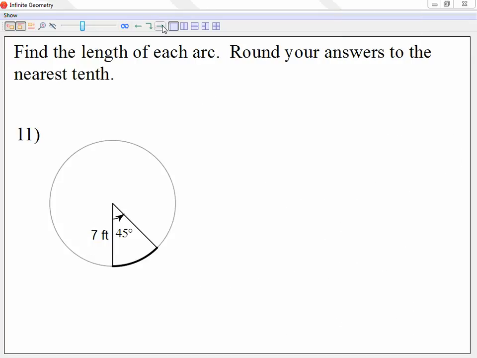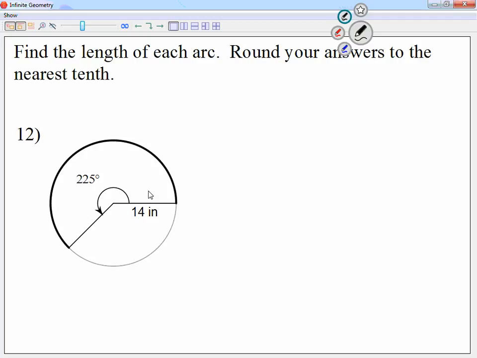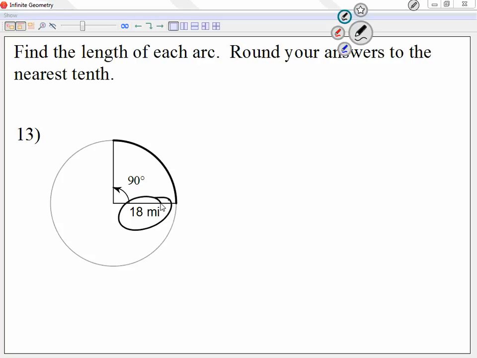Let's take a look at number 11, number 12, 13. Number 13, all right. The radius is 18. So the distance around the whole circle should be 36 pi over 1, right? The radius times 2. Now I'm going to multiply this by 90 over 360.